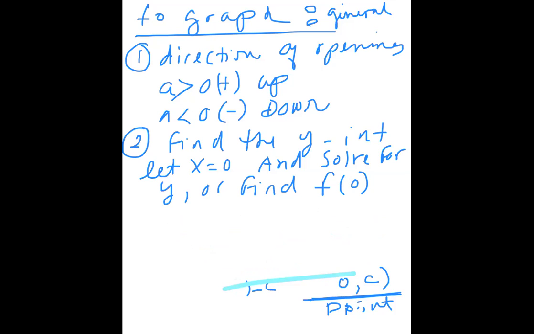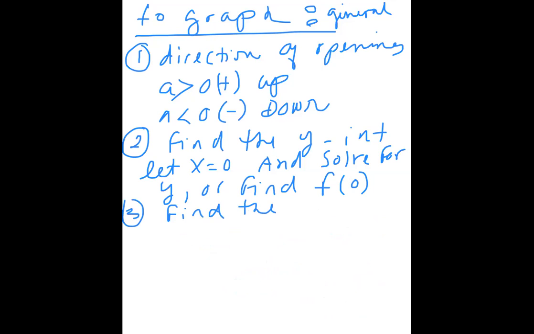We're going to number 3, and number 3 is to find the vertex coordinate. Find the coordinate of the vertex, guys. To find the coordinate of the vertex, we're going to use x equals the opposite of b over 2 times a, to find x.